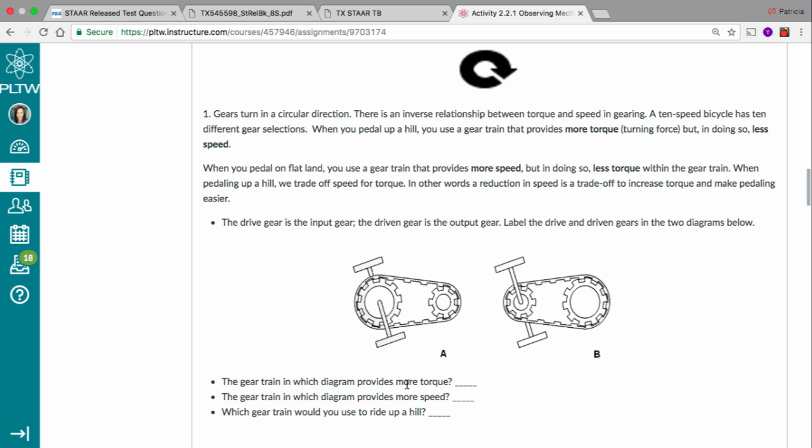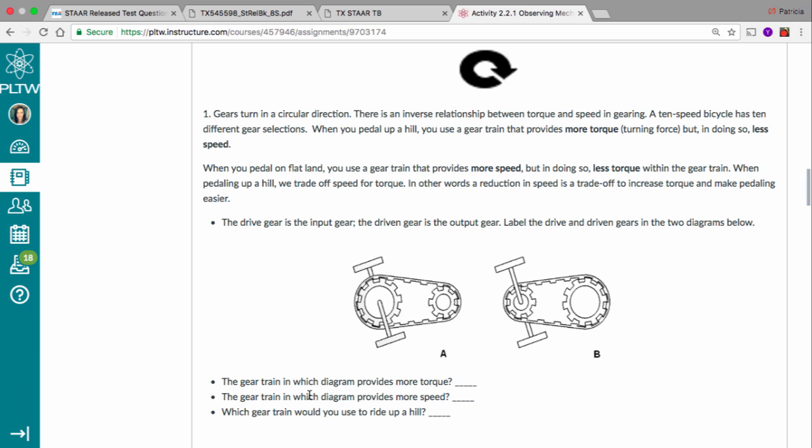So here's my thought process if I was working this. More torque means less speed. So therefore, I want a bigger gear, which means it must be B, right? Or would it be A? So think about that. What are we measuring? Our input or our output?